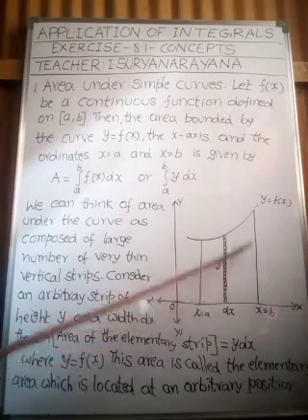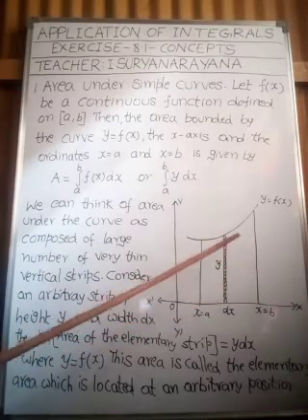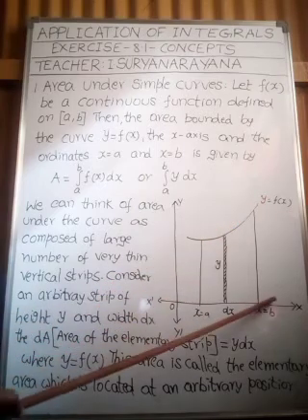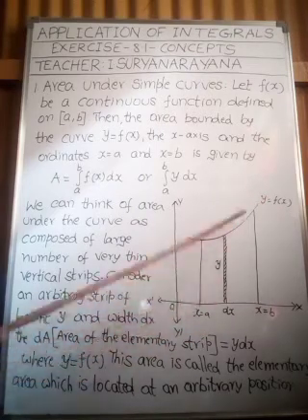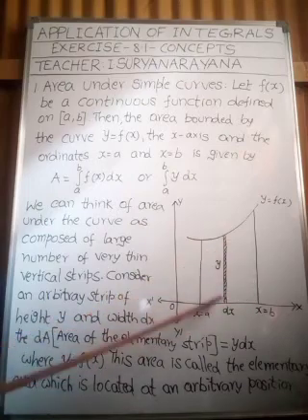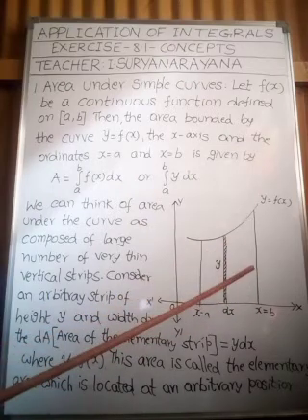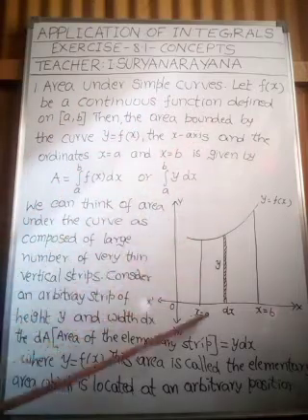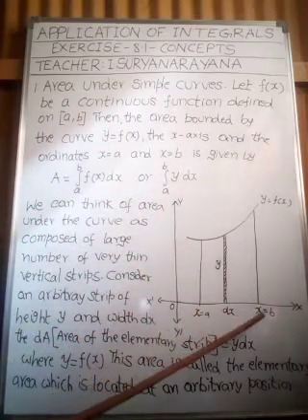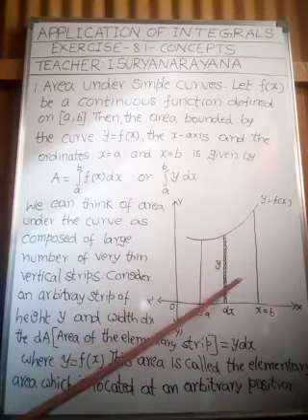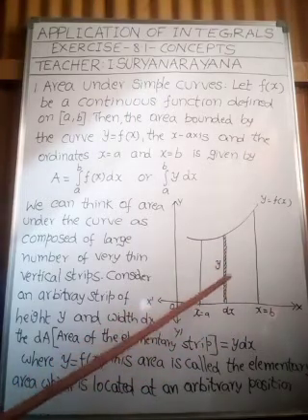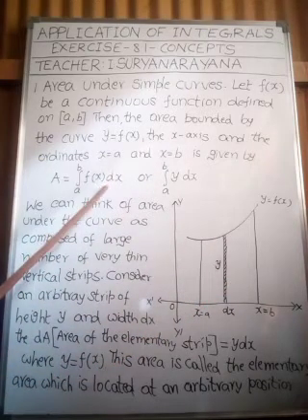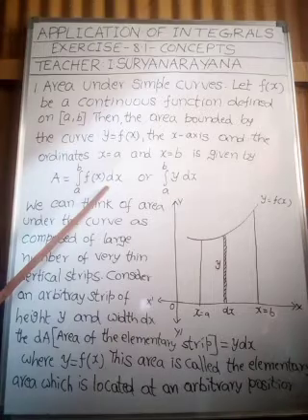This is the region bounded by this curve y is equal to f of x, the x-axis, and the ordinates x is equal to a and x is equal to b. This entire region denotes the area bounded by the curve, the x-axis, and the ordinates x is equal to a and x is equal to b. To find this region, we have no particular formula. In this case, we use the concepts of definite integral like this.